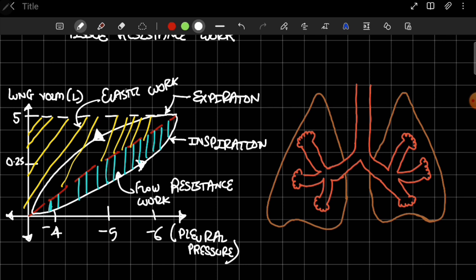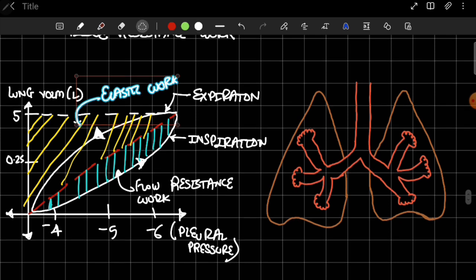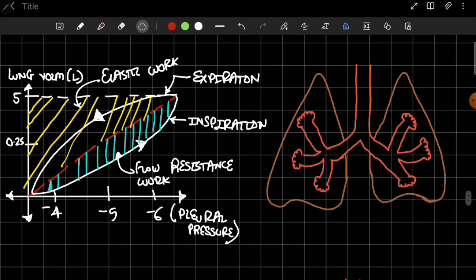This yellow part is the elastic work, and the blue part is the flow resistance work. During inspiration we have to break all the hindrances or the resistance, so we break the resistance by flow of air, so flow resistance work. And during expiration we have to overcome the compliance by means of elasticity. So this yellow one is the elastic work.